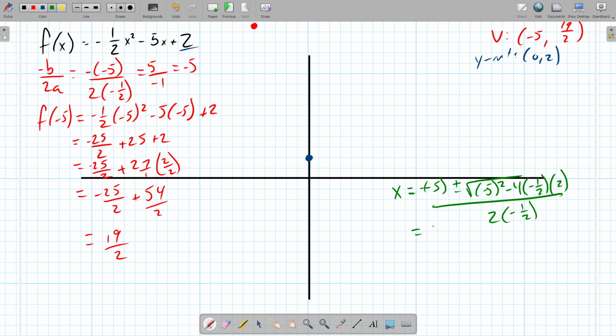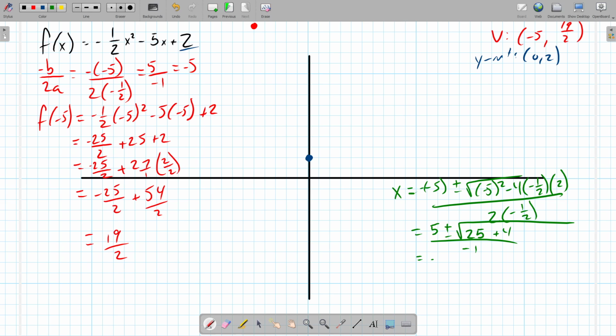Alright, negative 5, that's a positive 5, plus or minus the square root of negative 5 squared, well that's 25. Negative 4 times negative 1/2 is positive 2, and 2 times 2 is 4. All over 2 times negative 1/2 is just negative 1. So this negative 1 is just going to change the sign of both of these terms.